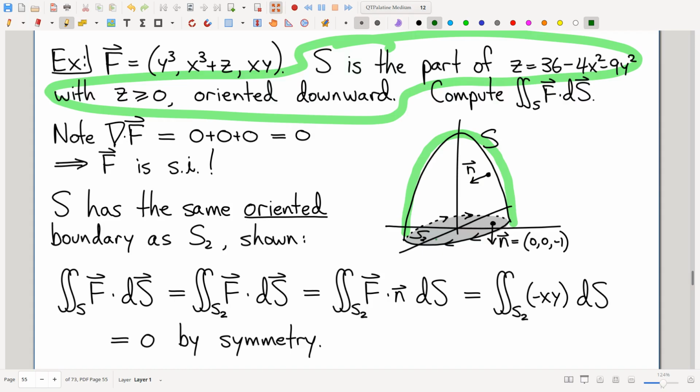This business over here about z being greater than or equal to 0 is a clarification of which part I'm referring to, but it remains that S is part of the paraboloid. This business down here is not part of our surface.